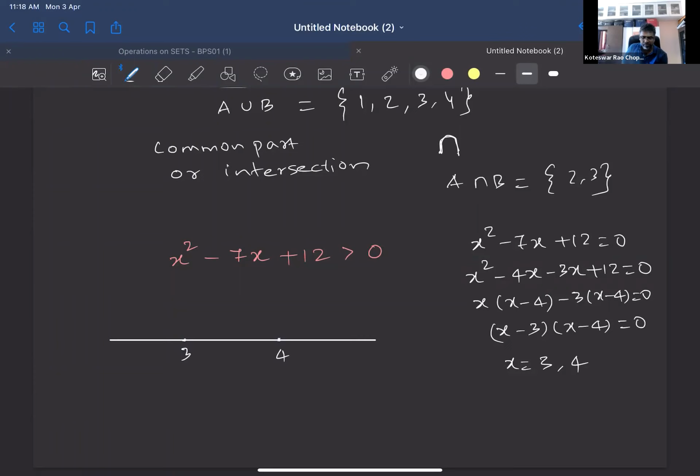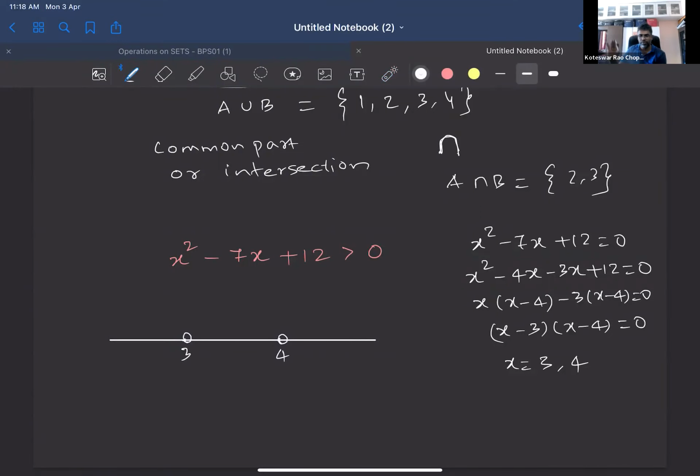Because I'm looking at strictly greater than, I want the left-hand side to be positive, greater than 0. But if I take 3 and 4, it will make it 0. So these values are not included. You put an open circle to show that you don't want to consider them as solutions.